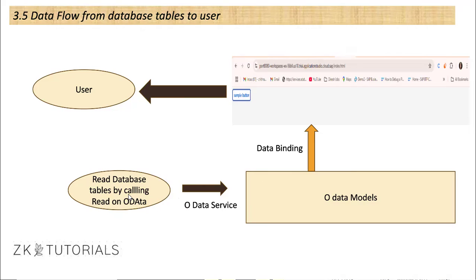These OData models will query the OData service and they will get data. The methodology used in OData is the query, so the service will be called in the format of an OData query. Once the data is obtained into these OData models, it will be fetched into our application.